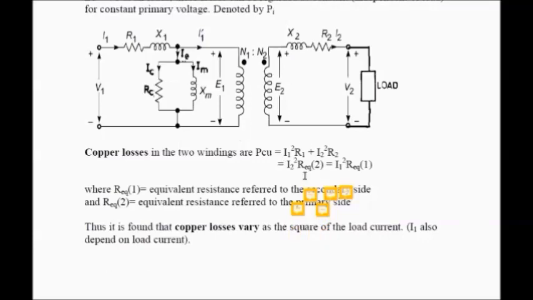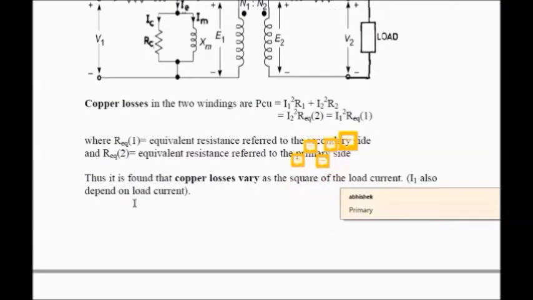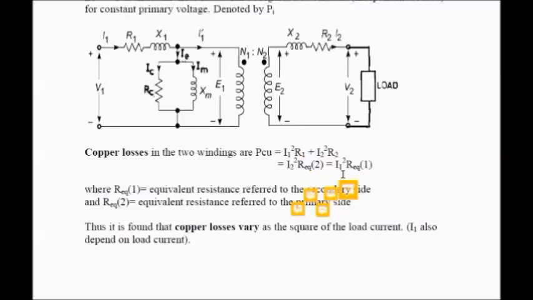And from this formula we can see that copper loss varies with current as square of load current. And since this I1 also depends on I2, see, why load current only? Here I2 is load current, so when we use this formula I2 square R equivalent 2, we see that this copper loss varies with I2 square, or square of the load current.